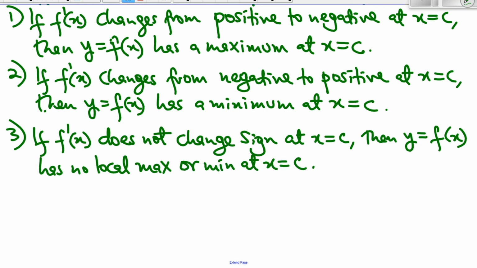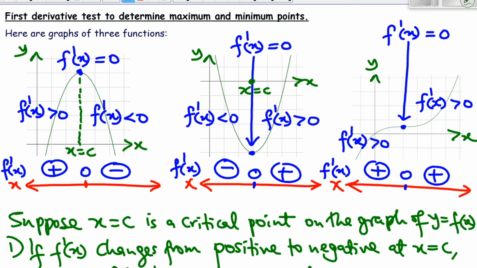So we do not have a maximum point or a minimum point in the third graph.